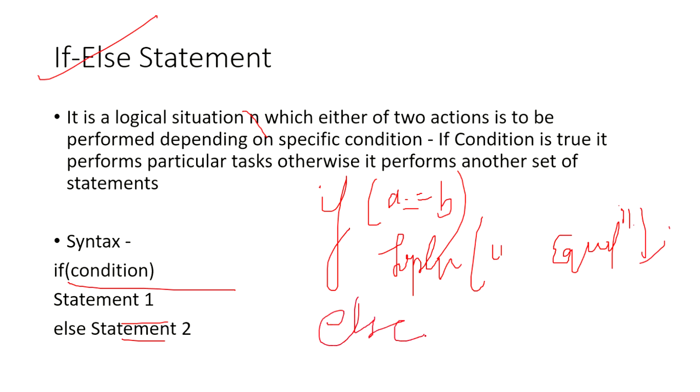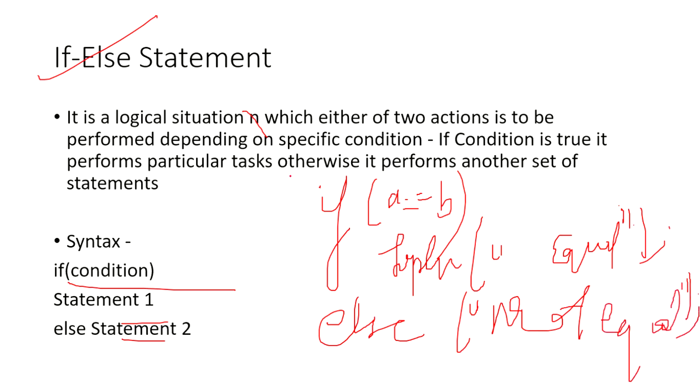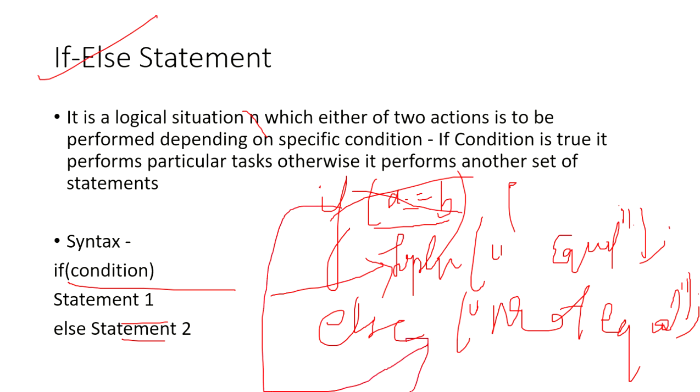Else, System.out.println, not equal numbers. It is a simple example. That is, Java checks whether the value of a and b is equal. If it finds true, it will print that they both are equal numbers. And if Java finds this statement is wrong, it will go to the else part and print they are not equal numbers. Okay? It's a simple example.